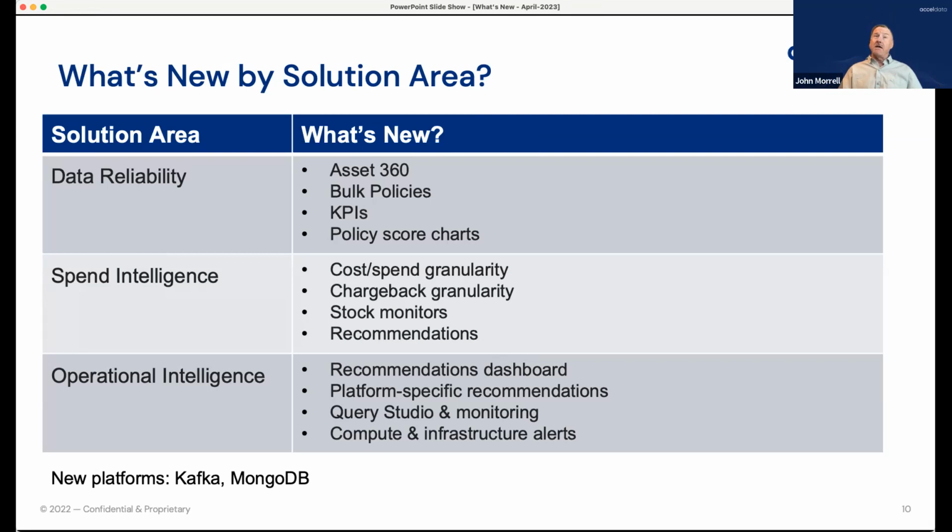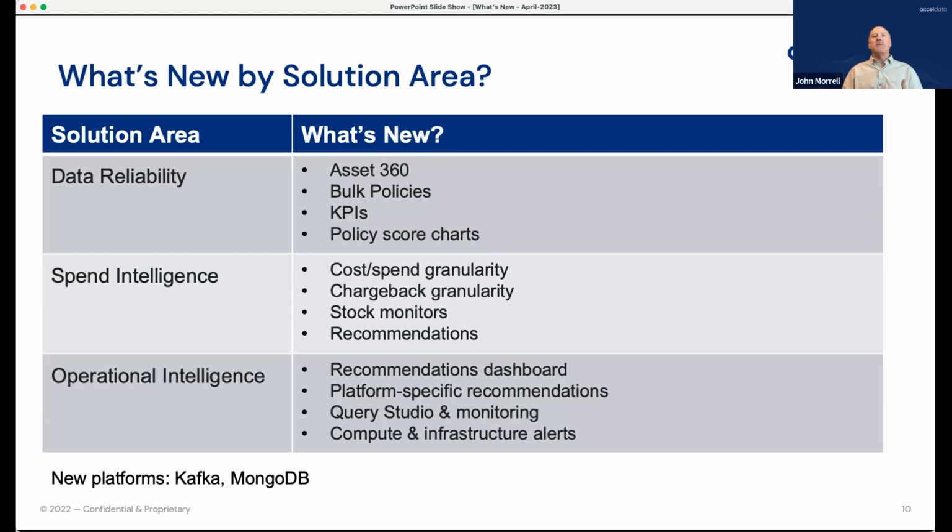So from a data reliability standpoint, we've got this great new view called Asset 360, which helps you better understand and give a complete comprehensive view about what's going on inside of any particular data asset that you're working with. We had enhancements in and around helping you apply data policies in bulk, so you can apply them to multiple assets at the same time, which really helps you scale out your data reliability efforts.